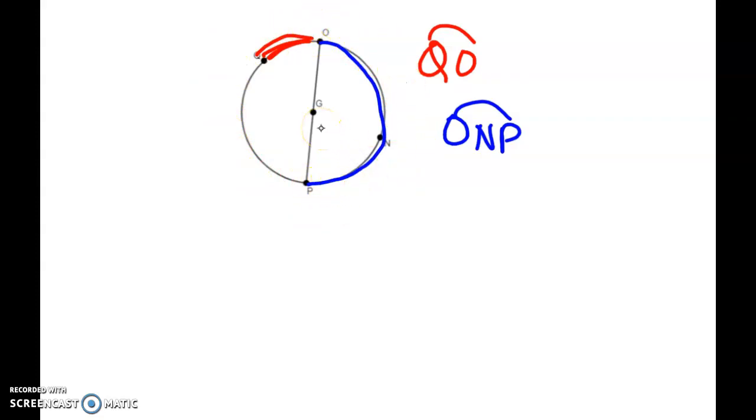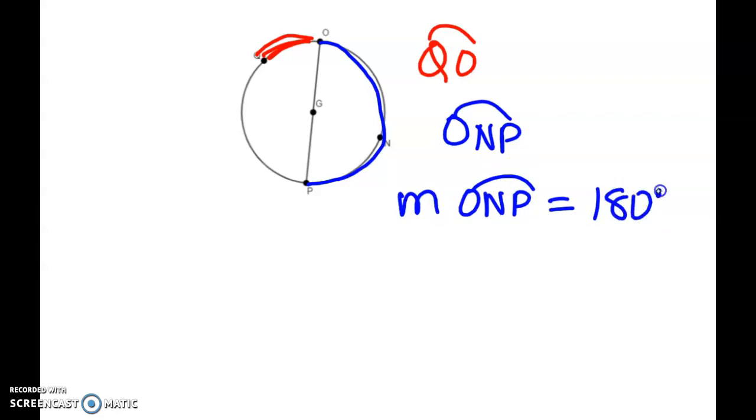They're both going to be measured. Arcs are measured in degrees like angles. So if I said what's the measure of ONP, I would say it's 180 degrees. Okay? So that's just some fundamental things you need to know about the lesson we're doing today.